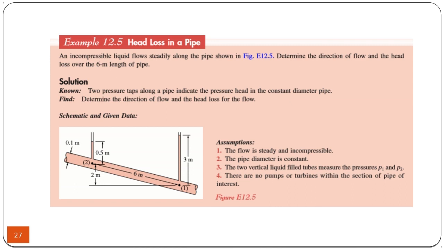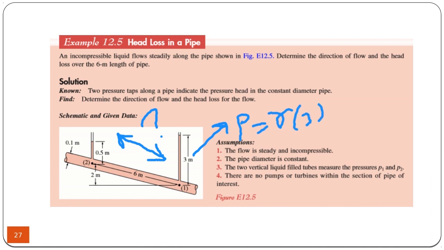So here, there is a flow in this pipe. We don't know whether it's upward or downward. We need to find this out. The pressure at location 1, P1, is gamma times 3, and the pressure at location 2 is gamma times 0.5.